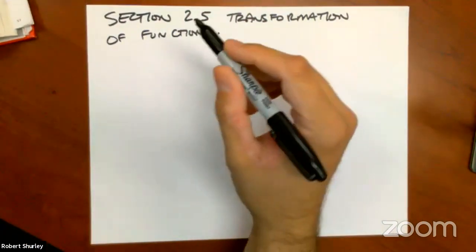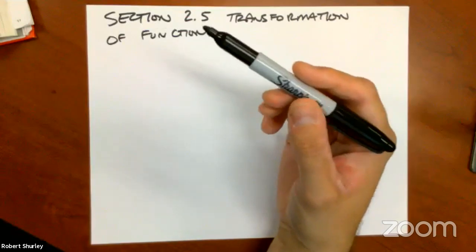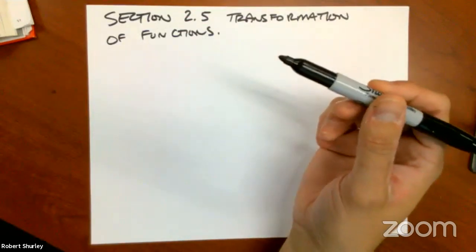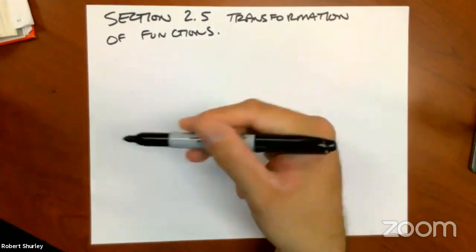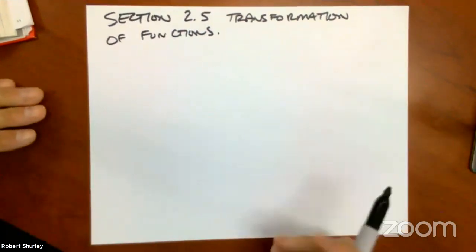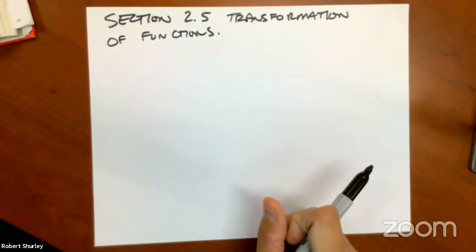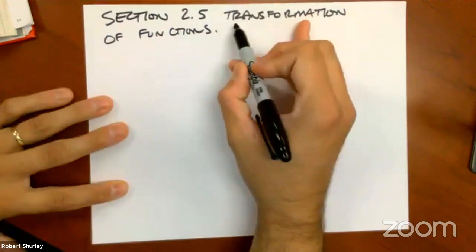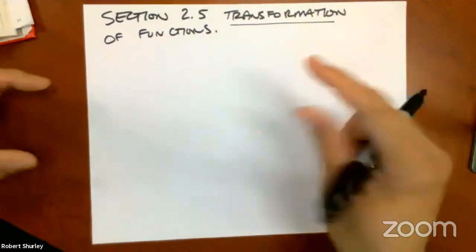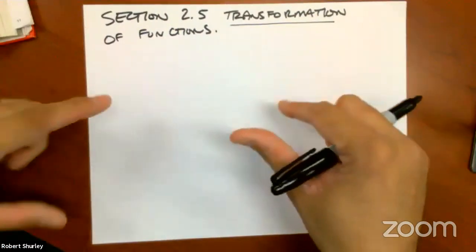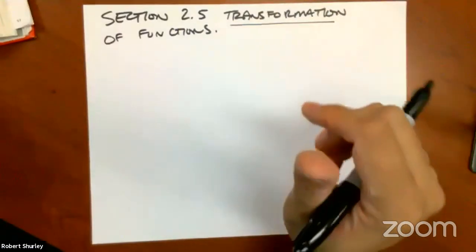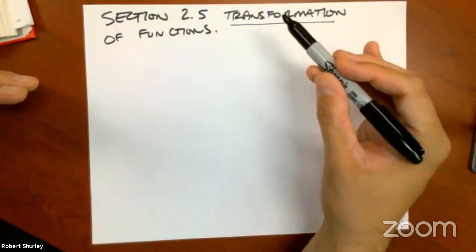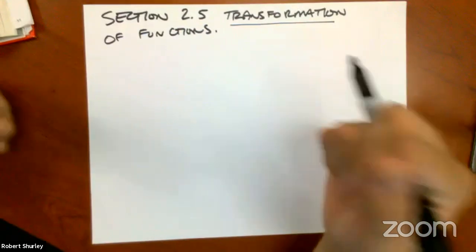Before we talk about the common functions, we're going to talk about the transformations, and I'll bring the common functions into explaining these transformations. A transformation is just a function that's going to move up, down, left, right, flip, do things like this. The only transformation we're not going to talk about is stretching and shrinking.